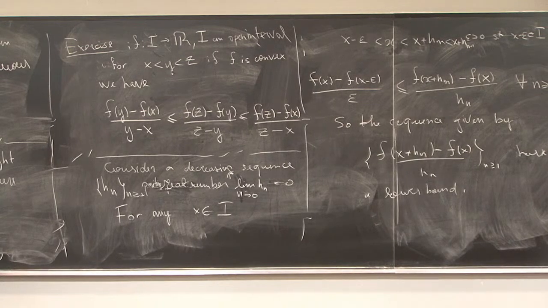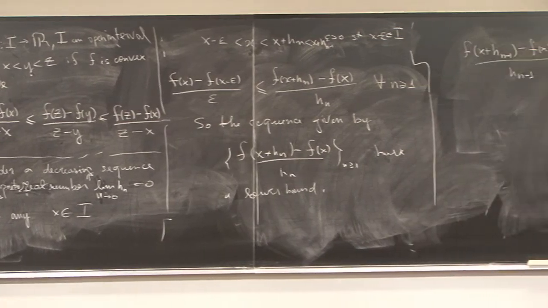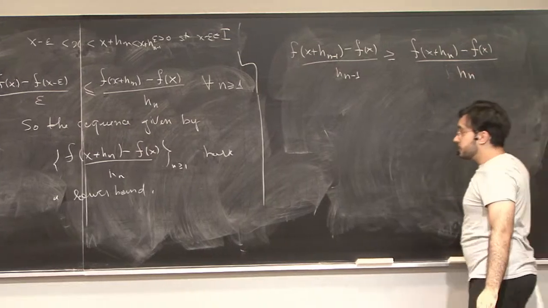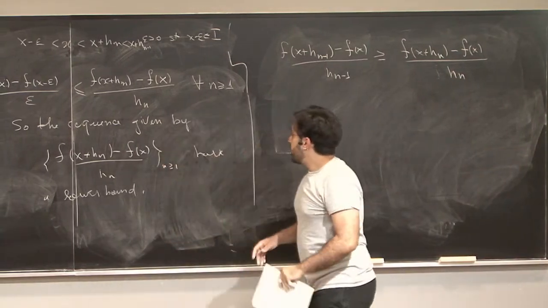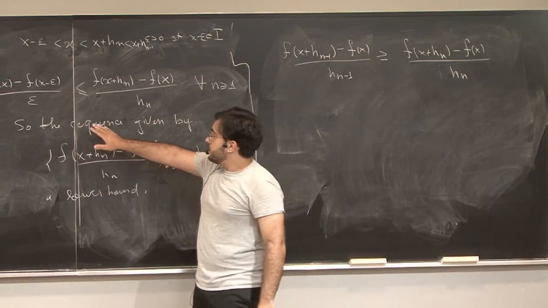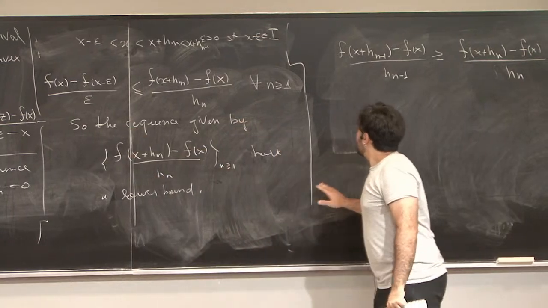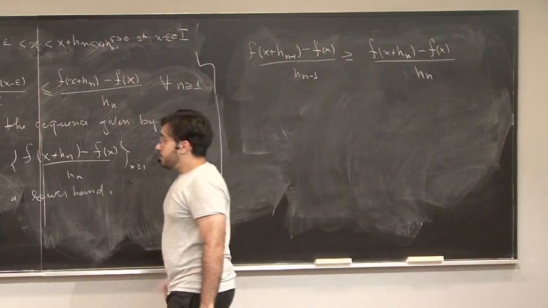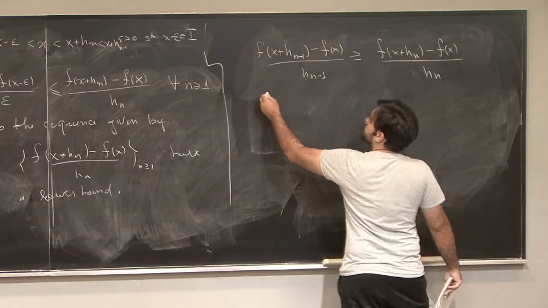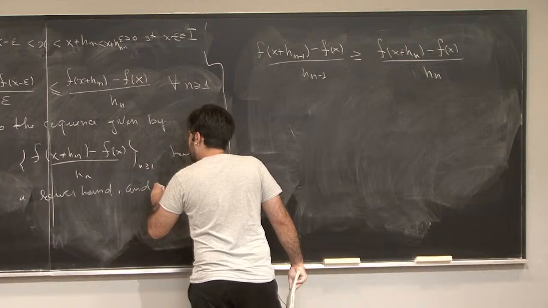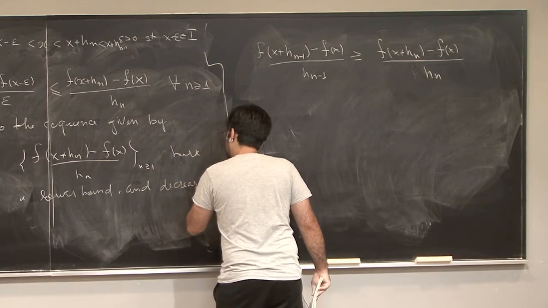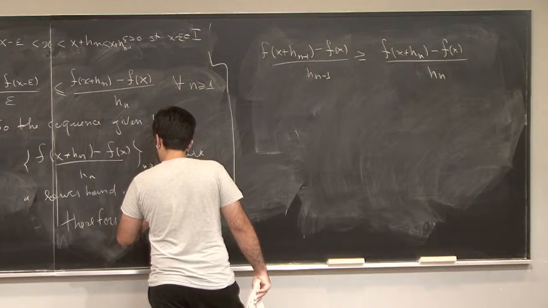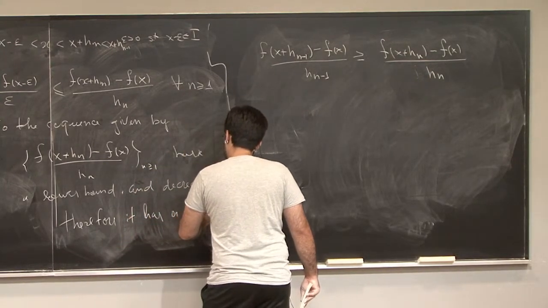So this sequence is lower bounded, and also it is decreasing. Therefore, it has a limit.